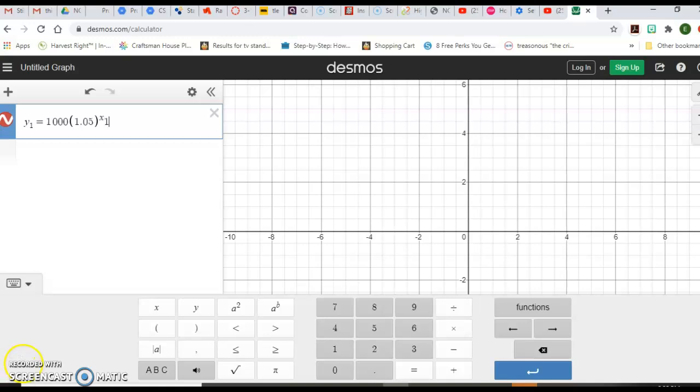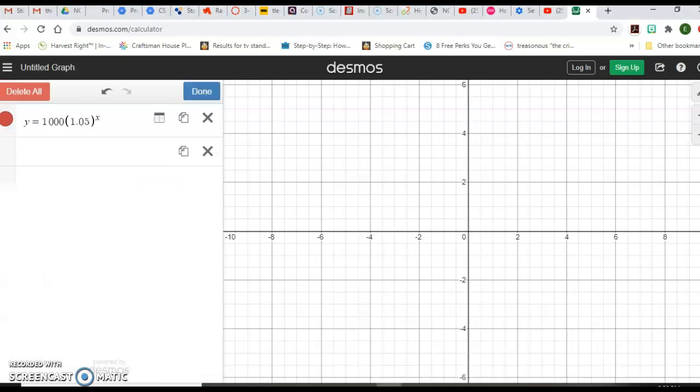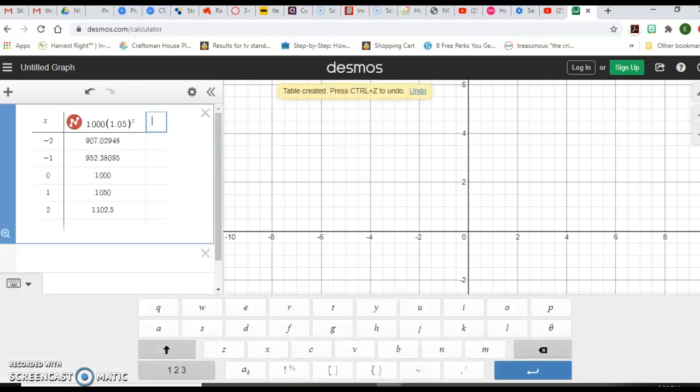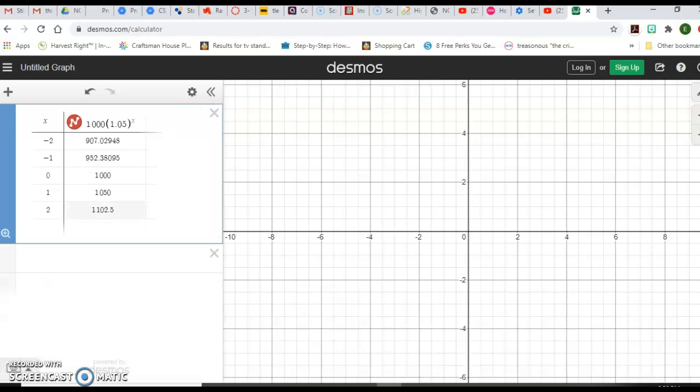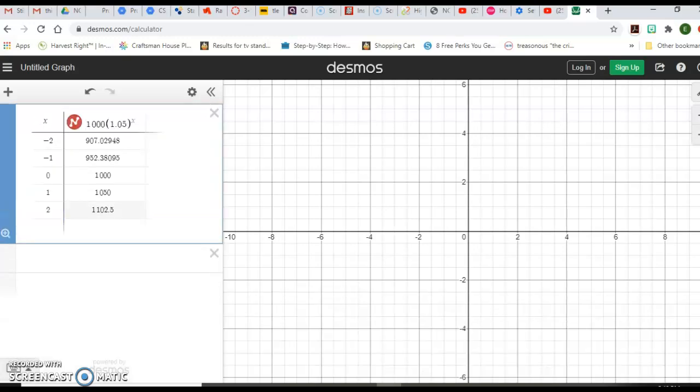Okay, so we've got the function in Desmos. You're going to hit Settings, and then you're going to hit Convert to Table, and here come your values. Let's see how far we can go.